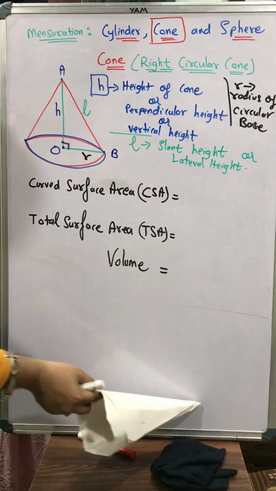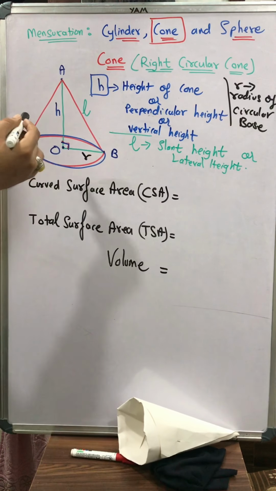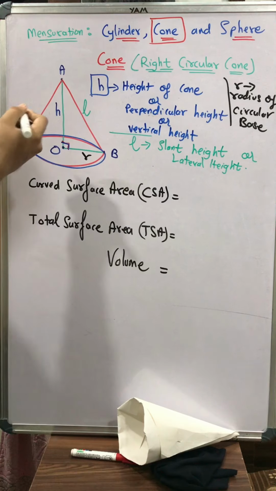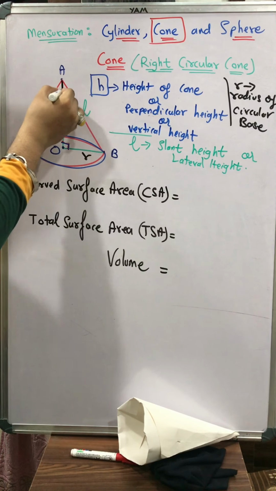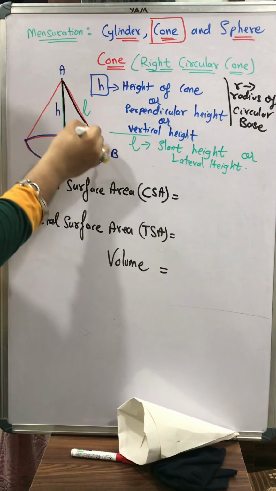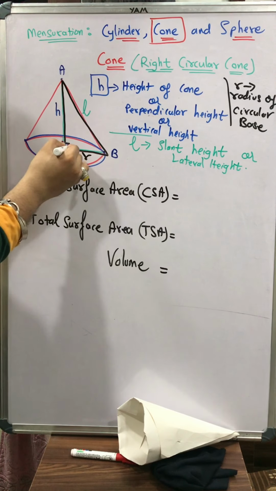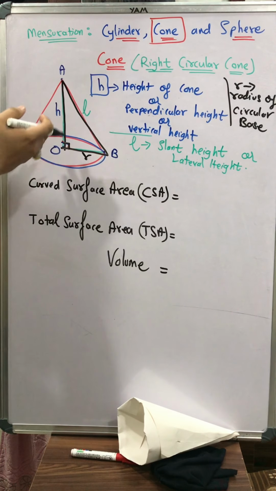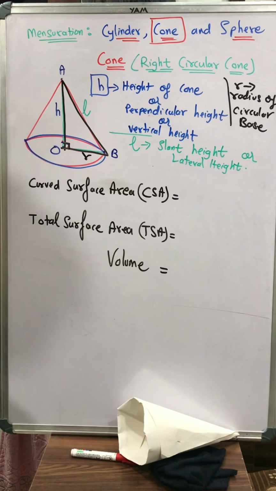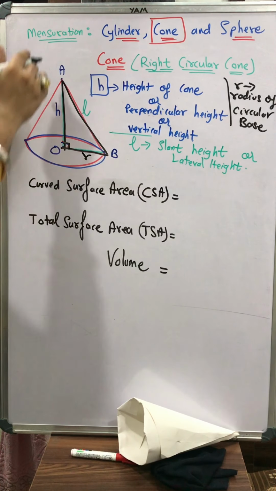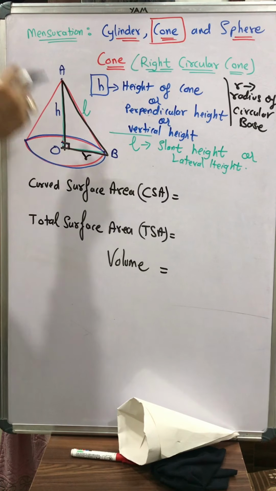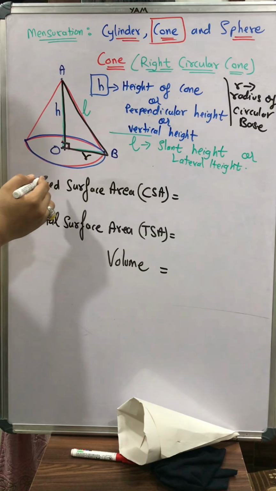Now students, I want you all to see here. I am highlighting certain things in the diagram with the black marker. Can I say students, here I am getting a right angle triangle? Yes, in all the cones we are studying in this syllabus, you'll get a right angle triangle because all the cones are right circular cones.